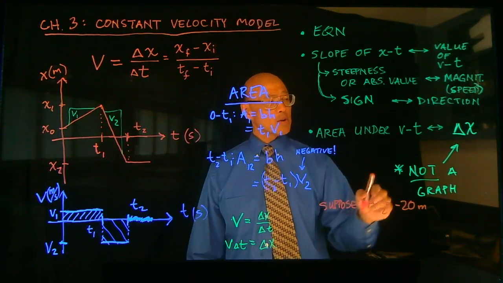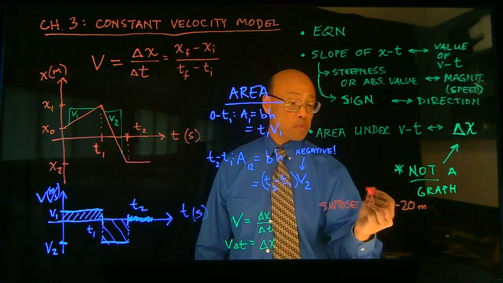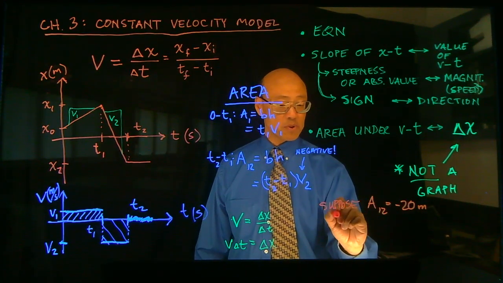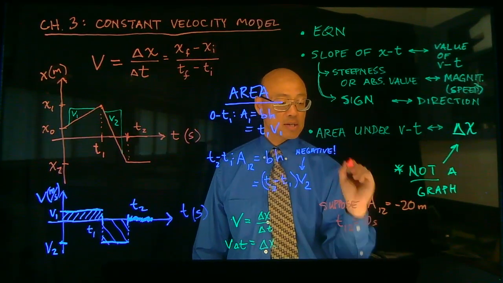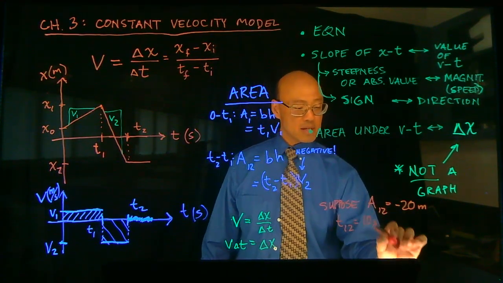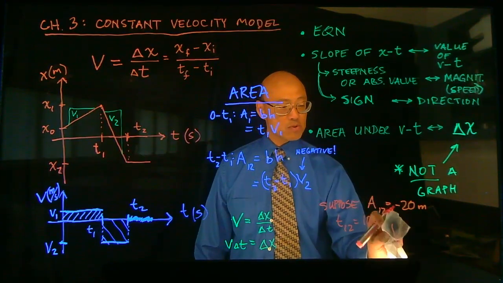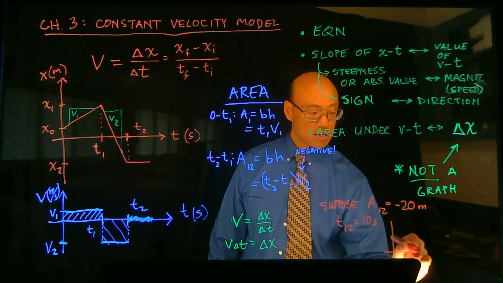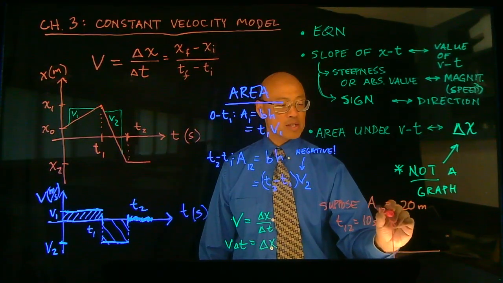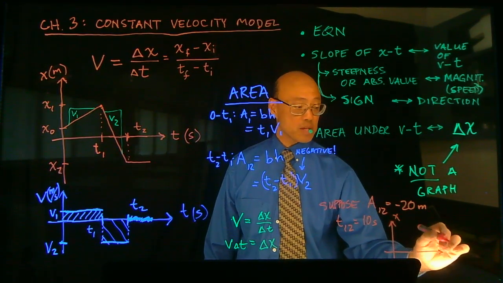Minus 20 meters. What does that tell you in terms of a graph? Let's suppose the time interval from 1 to 2 was, say, 10 seconds. Well, it doesn't quite give you the graph because I don't know where to start. So this won't be a complete position time graph.